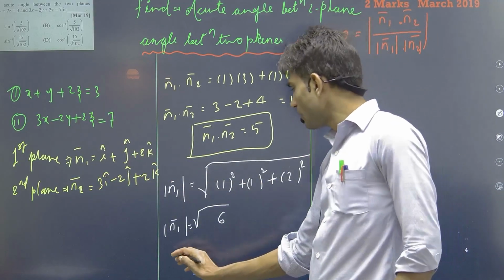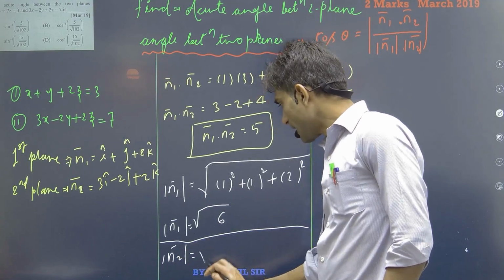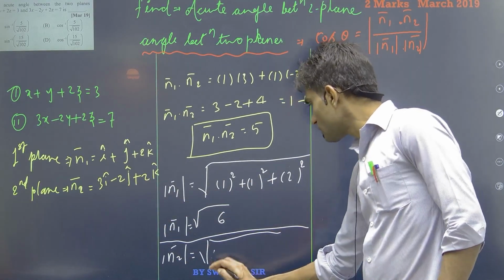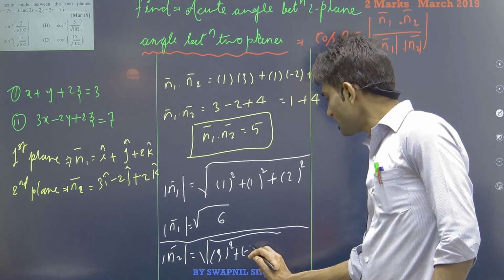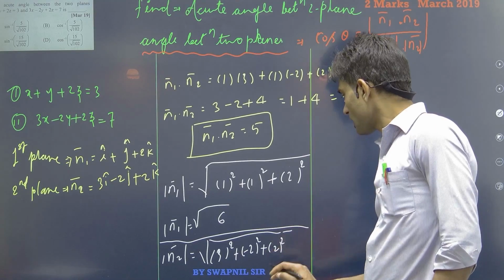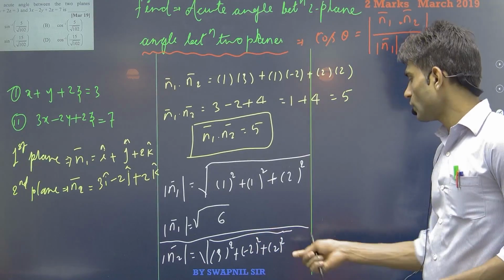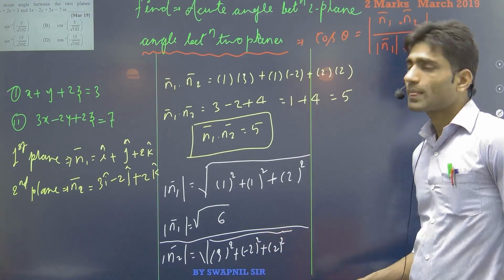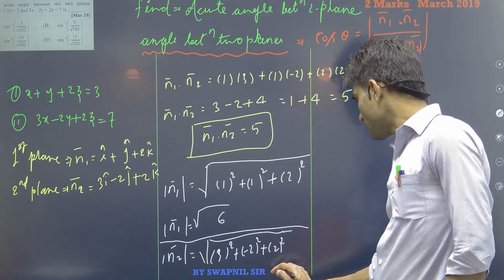So the modulus of n2 bar can be written as the square root of 3 square plus minus 2 square plus 2 square. 3 square is 9, minus 2 square is 4, 2 square is 4. 4 and 4 is 8, and 9, we can take it as 17. So we got the modulus of n2 bar, which is the square root of 15.